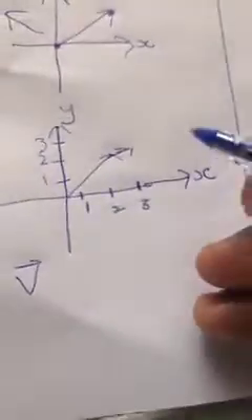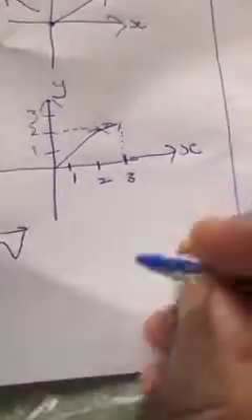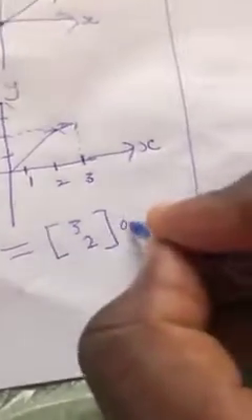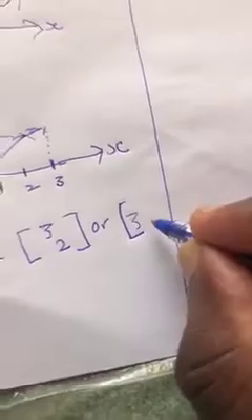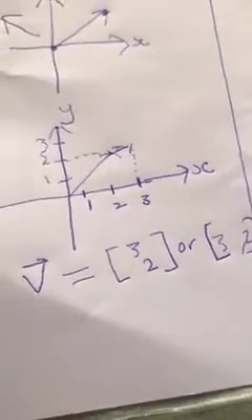Now, for me, I'm going to represent this vector like this. Let's look at something. Here, this is 3, and from this side, this is 2. So I can say my vector v is (3, 2), or 3 comma 2. Do you understand?